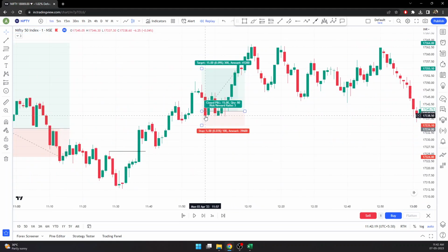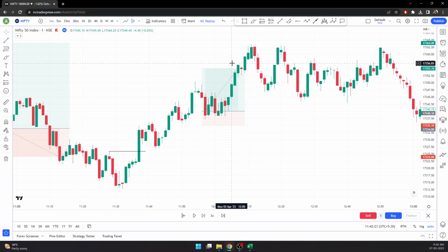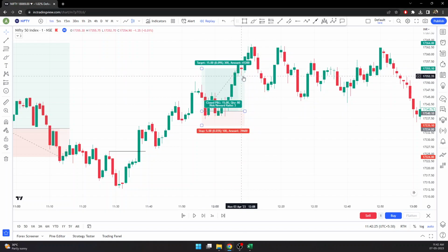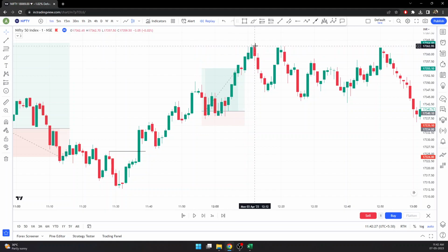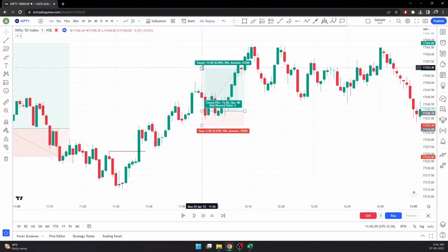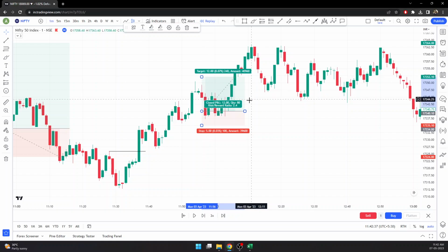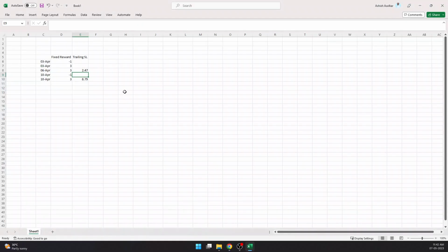So we made our 1 minute entry here. It broke this particular level. We marked our SL here, right? So we could have achieved somewhere 2.4 on 3rd of April.